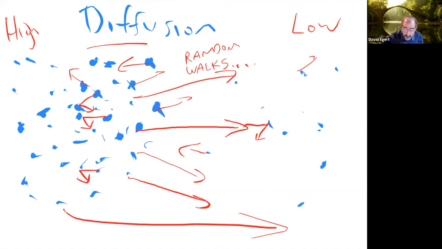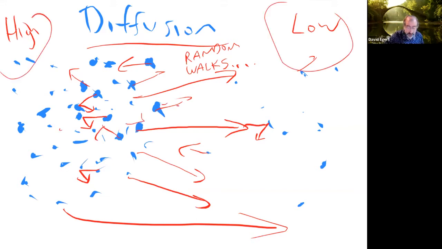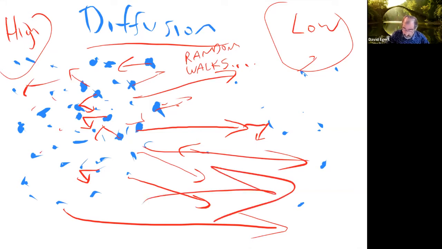That's what diffusion is. These little molecules are just randomly bouncing off the walls and bouncing off each other. But because there are just more things blocking their path if they go this way, the net movement is this way. So any questions about this?